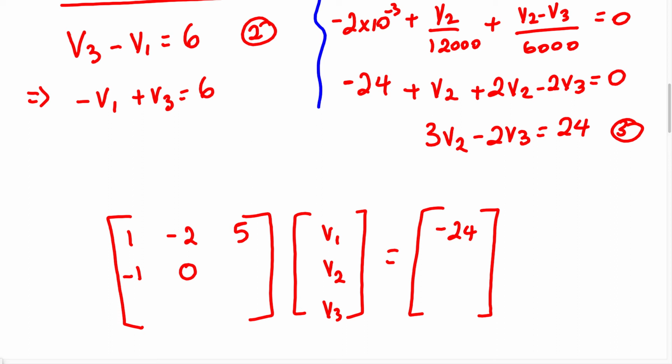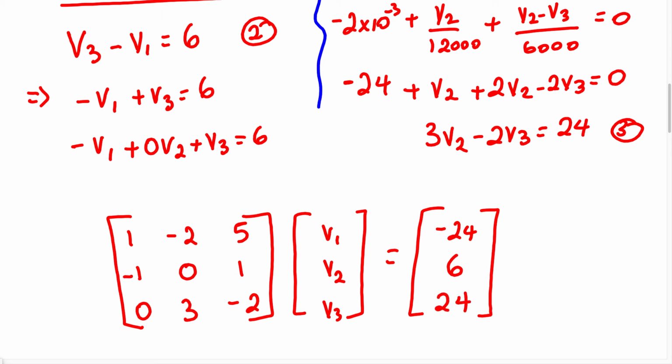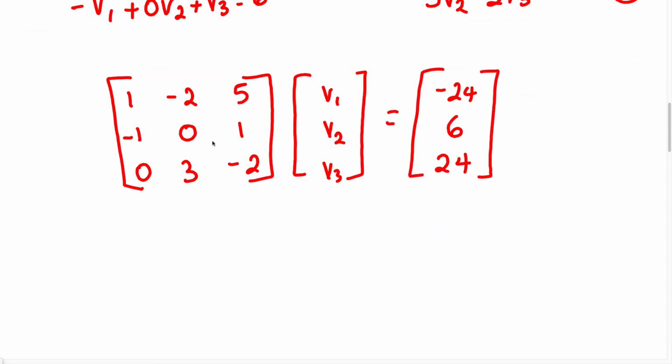So if you want to rewrite this, we can say negative V1 plus 0 V2 plus V3 equals 6, okay? That's where we got the 0 from. Now we have a positive 1, and that equals 6. Now for equation 3, we don't have any V1, so we're just going to write it as 0. V2 is going to be positive 3, V3 is negative 2, and that equals positive 24. So we're just going to take the inverse of A and multiply it by B.